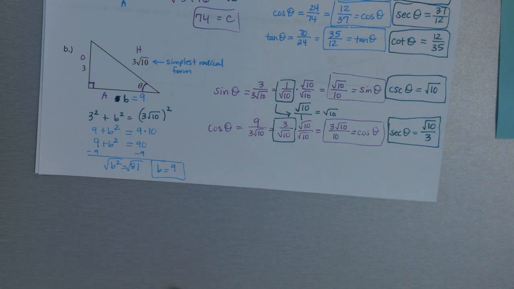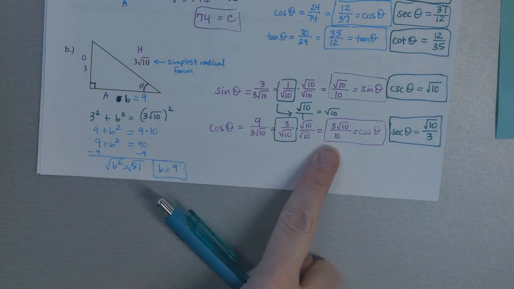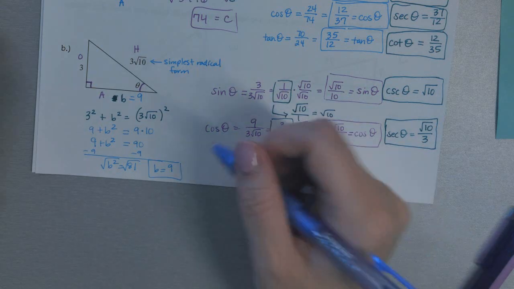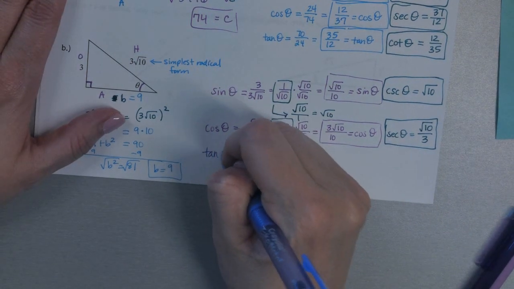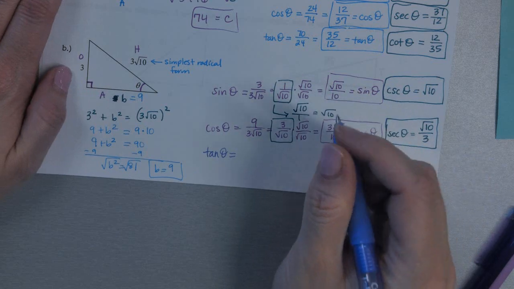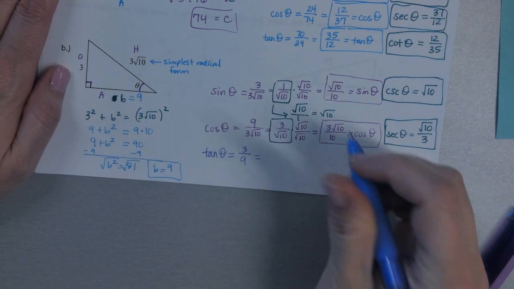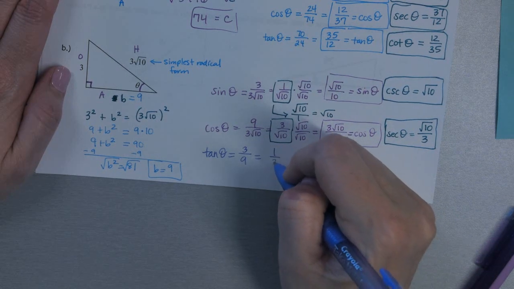Okay, that is the quickest way to do it. You could flip that over and then simplify by multiplying by root 10 over root 10, and you would end up with the same thing when you simplify. Alright, and then we have the tangent: opposite over adjacent, so 3 over 9, and that reduces to 1/3.